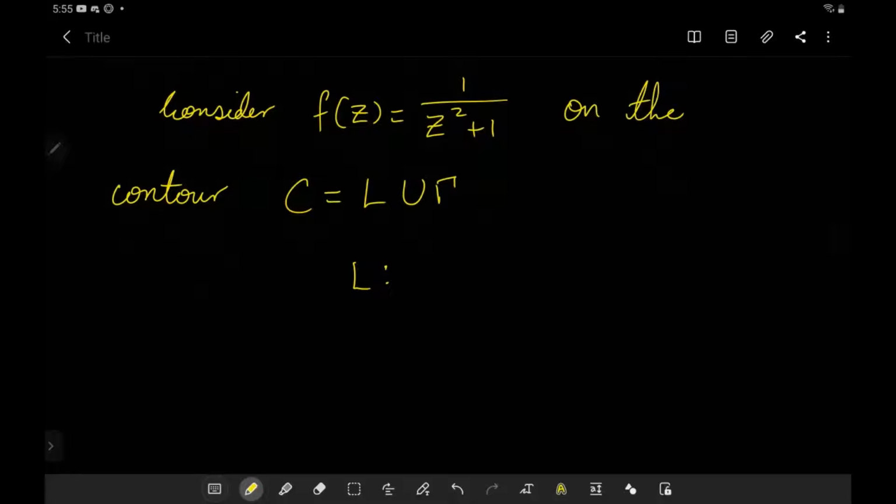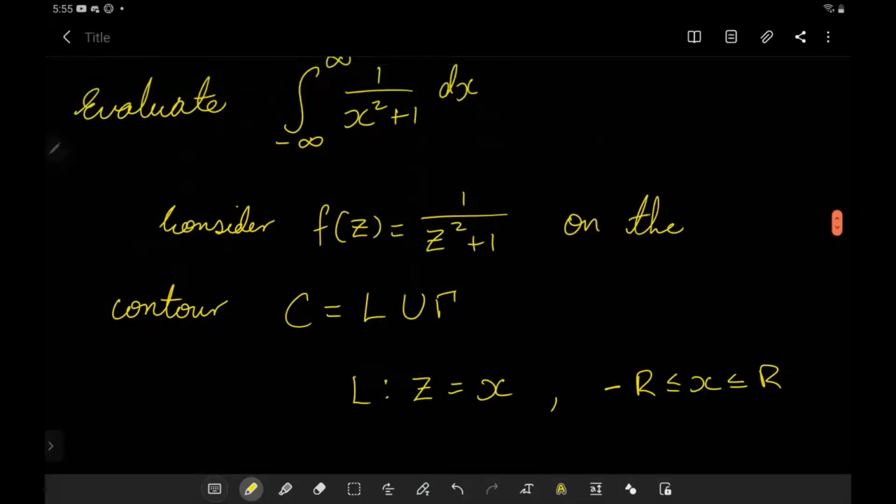L is the part of the contour where z is equal to x on the interval minus r to r. Now, this is essentially the x-axis, and if we substitute z equal x into our f of z, we just get back our integrand here.